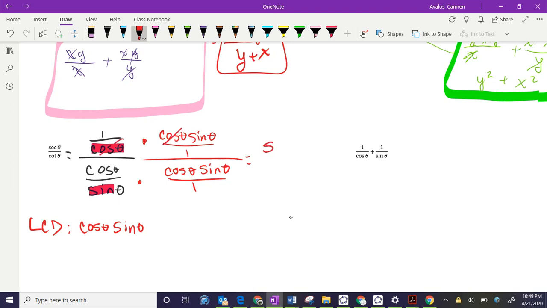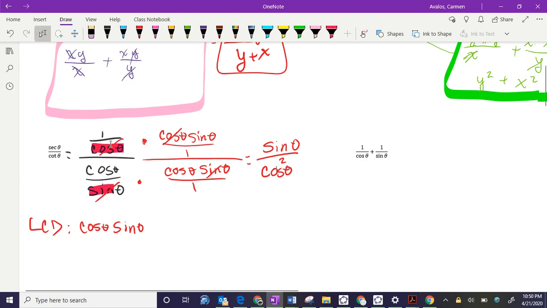So we're just going to be left with sine of theta, and then this sine and that sine cancel, and we are left with cosine of theta. So we end up with sine of theta over cosine, and cosine is going to be 2 cosine squared of theta. There's 2 of them. These 2 multiplied together give you cosine squared of theta.